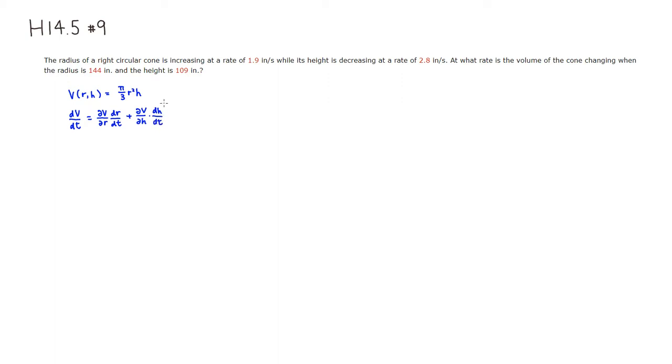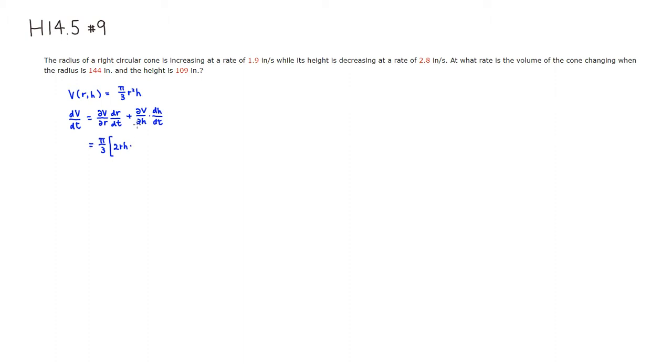All right, so we have that. Pi over 3 is just a number, so I'll put it outside. Then we take the partial of this with respect to r, and you're going to get 2rh. Then you have to multiply by dr over dt.